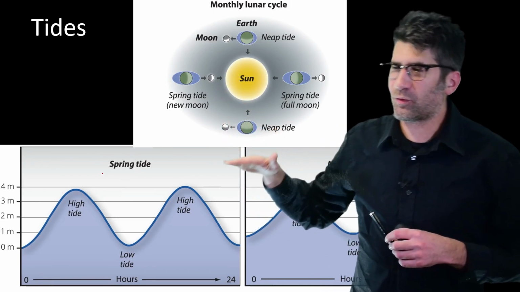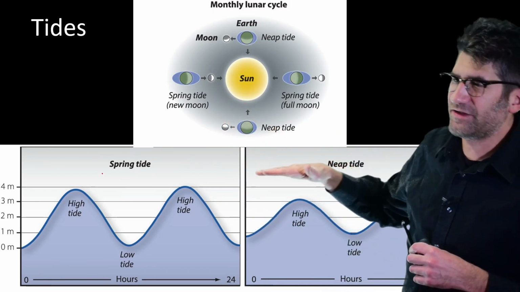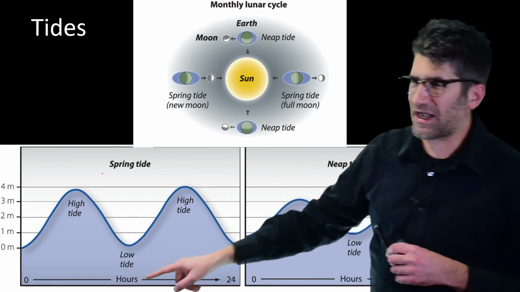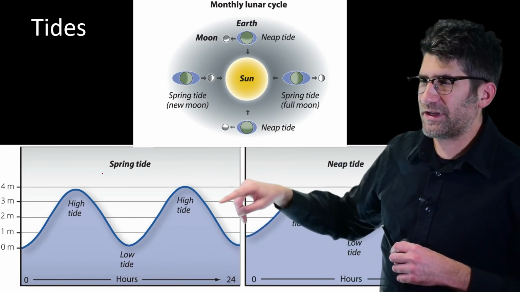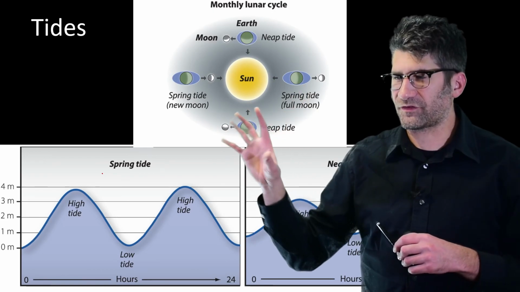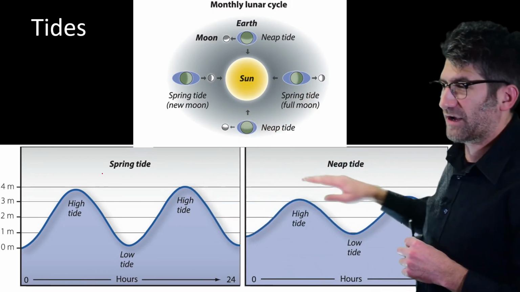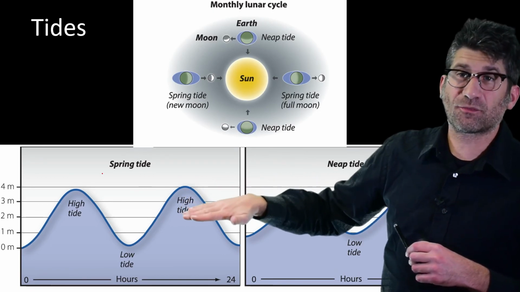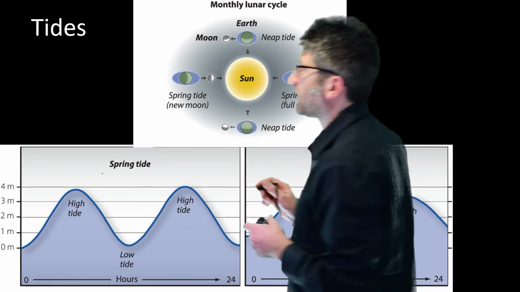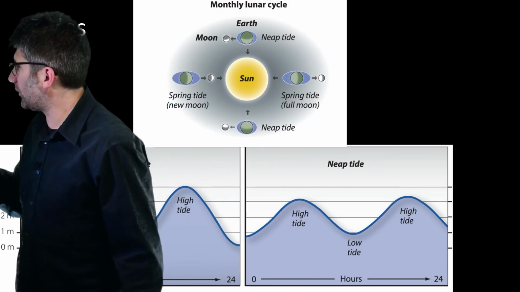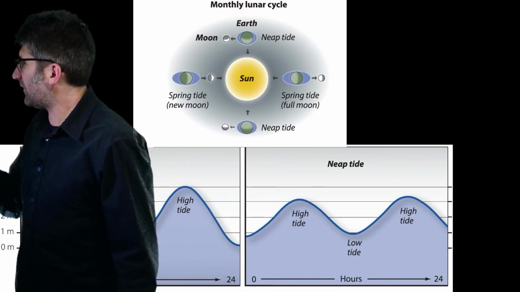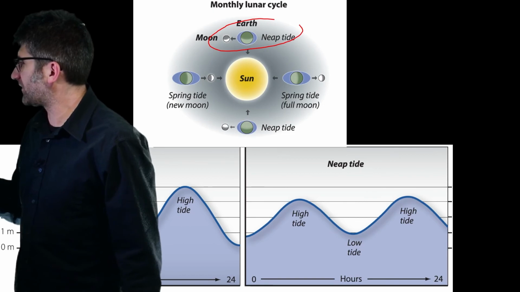Now, there's another important thing in terms of tides. Not only is there going to be a high tide and a low tide, depending on where the moon is relative to the coastline you're talking about, but the other really important thing is what are called neap tides and spring tides. These have to do with the orientation of the moon and the Earth relative to the sun.